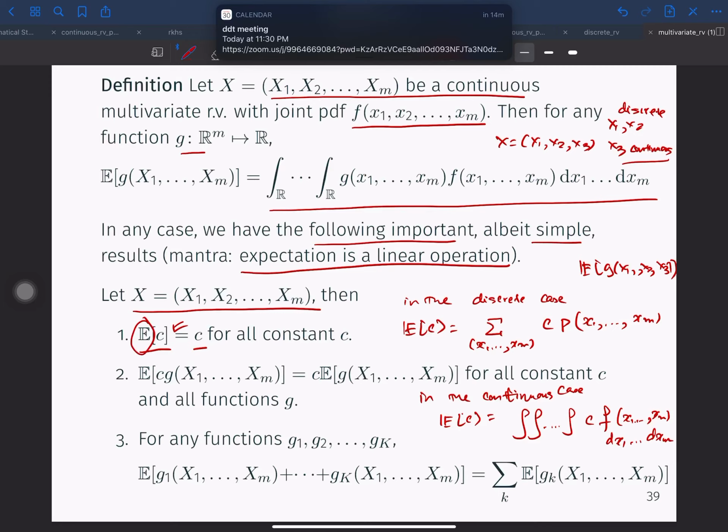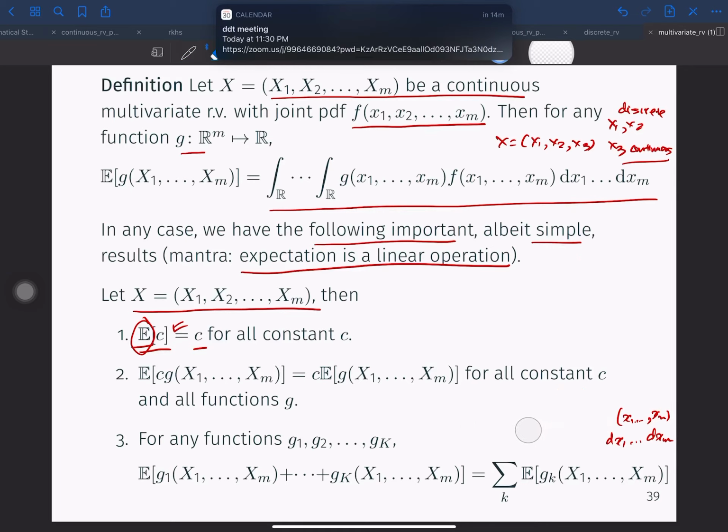So this is another place where it is time to be a little bit more careful. Whenever you see the symbol expected value, especially in the multivariate case, you always have to remember what the underlying probability is. We always use the letter E for the expected value, but in many cases we never really say explicitly whether we're summing things or integrating things.